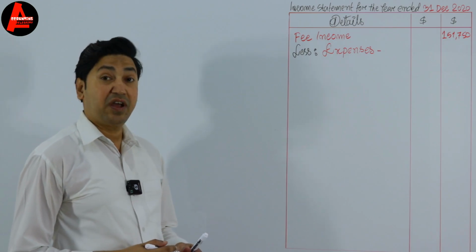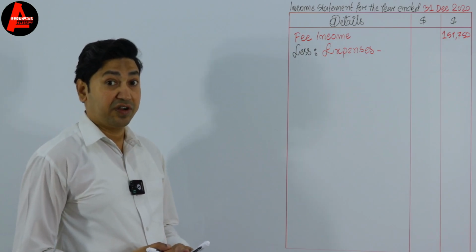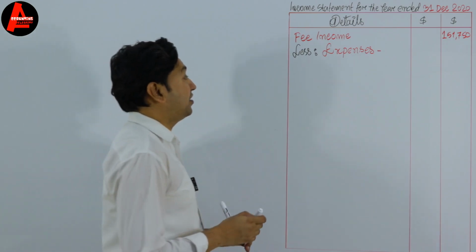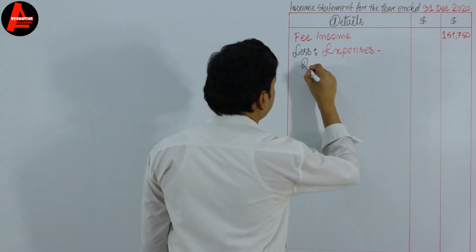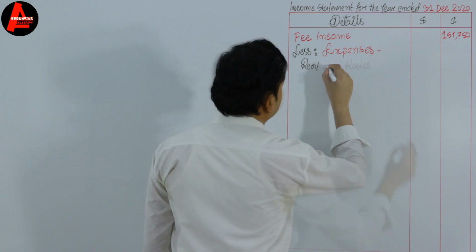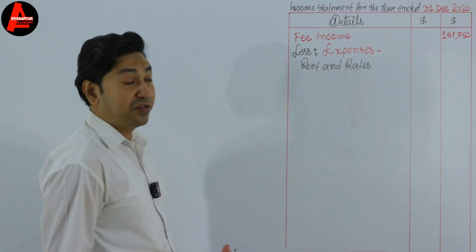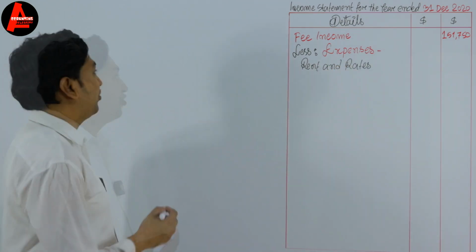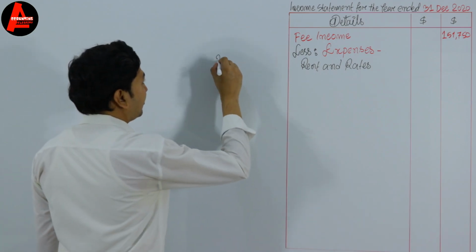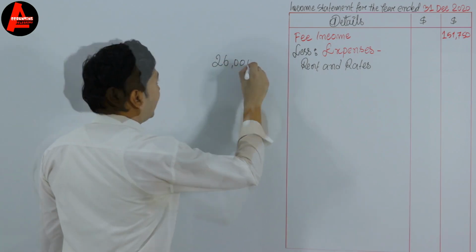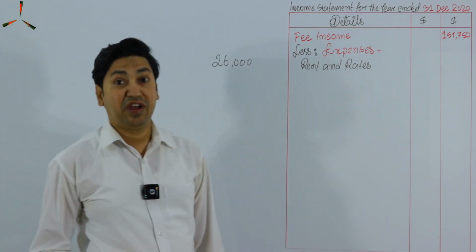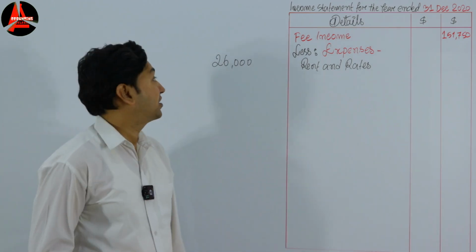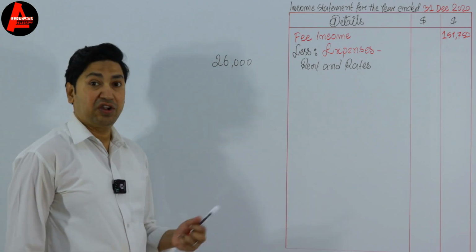First we have rent and rates, $26,000. We will not write this amount here because we have 2 adjustments regarding rent and rates.